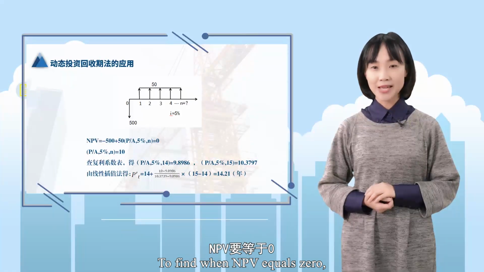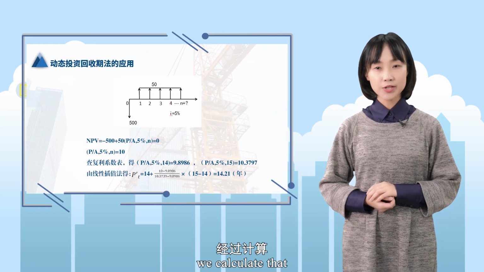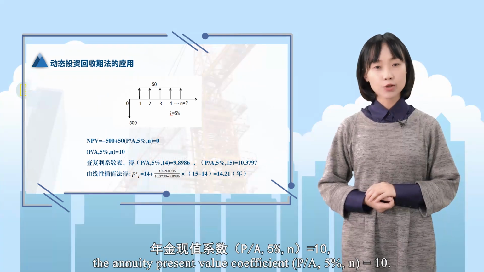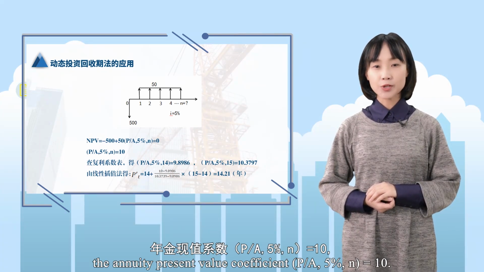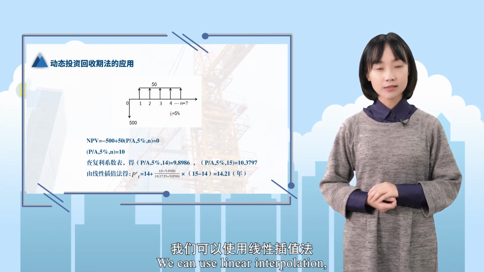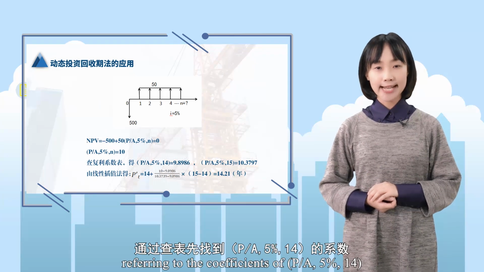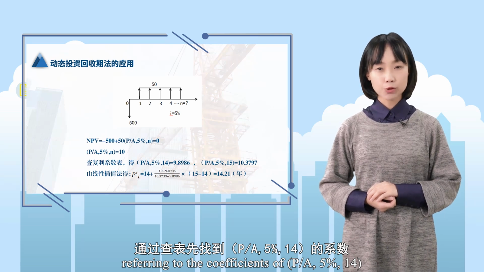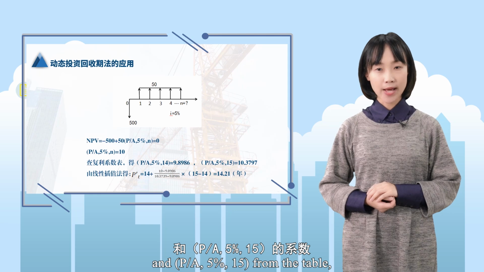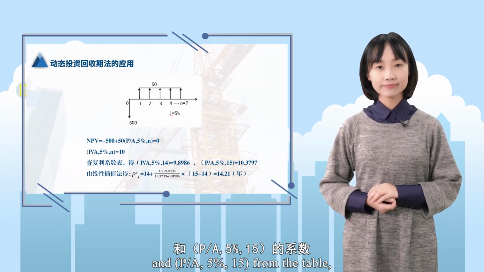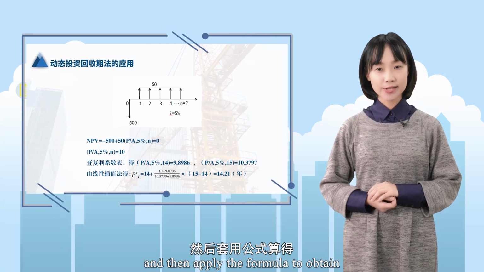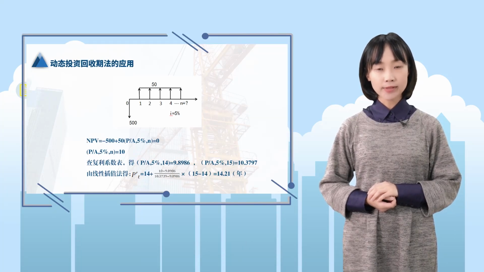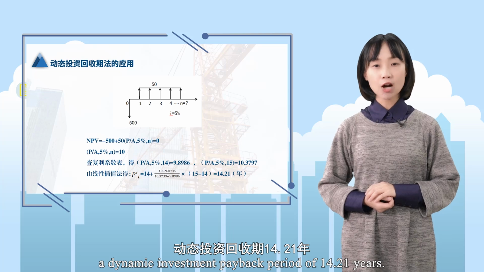To find when NPV equals 0, we calculate that the annuity present value coefficient (P/A, 5%, n) equals 10. We can use linear interpolation. Referring to the coefficients of (P/A, 5%, 14) and (P/A, 5%, 15) from the table, and then applying the formula, we obtain a dynamic investment payback period of 14.21 years.